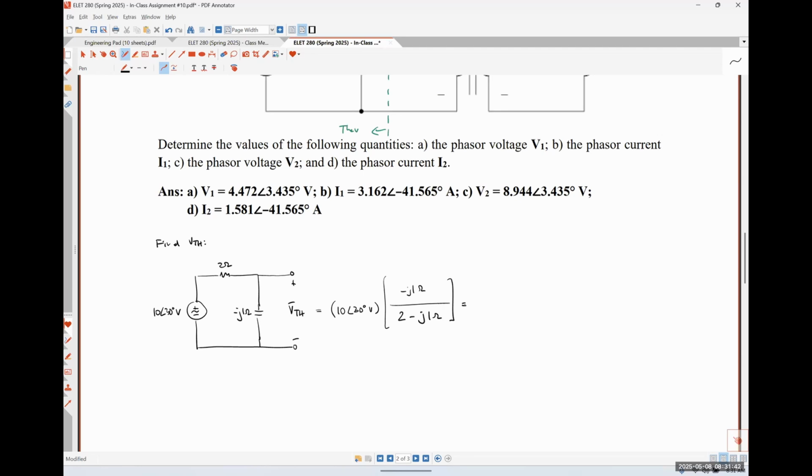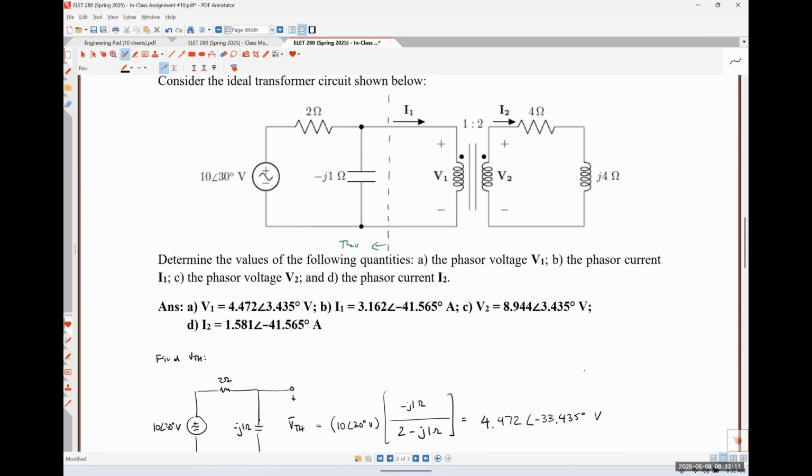And I wound up getting 4.472 with an angle of negative 33.435 degrees volts. 10 angle 30, 2 minus J1. Okay.